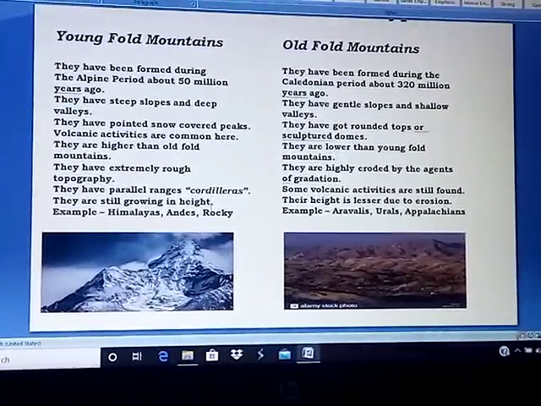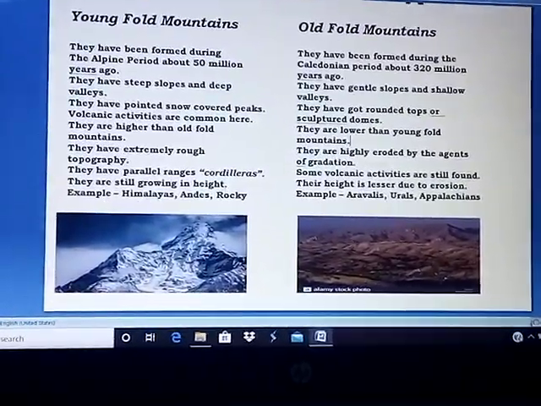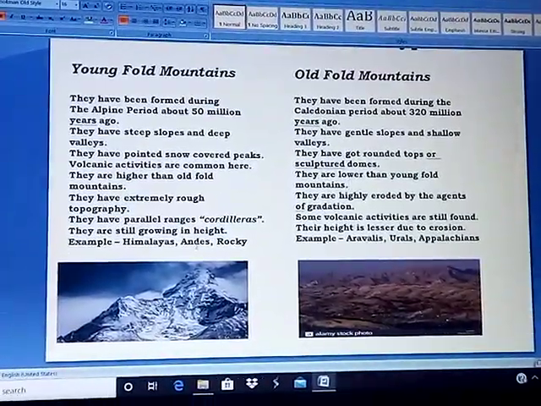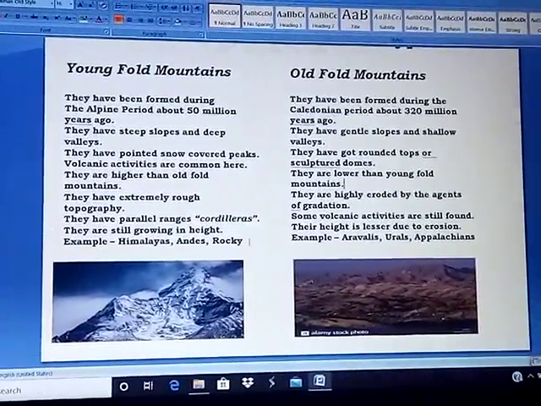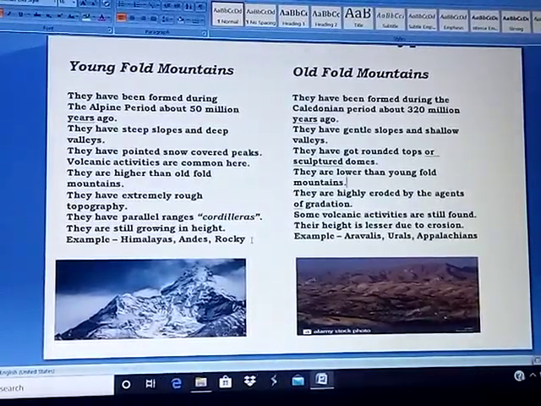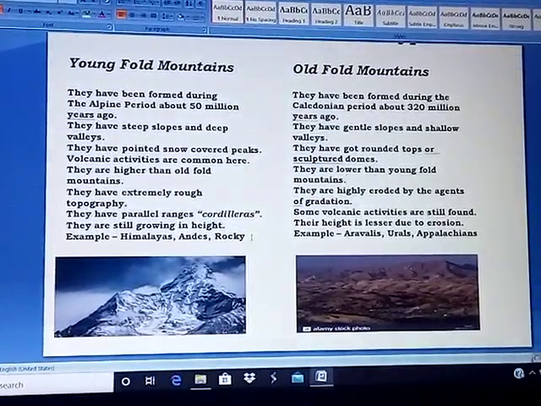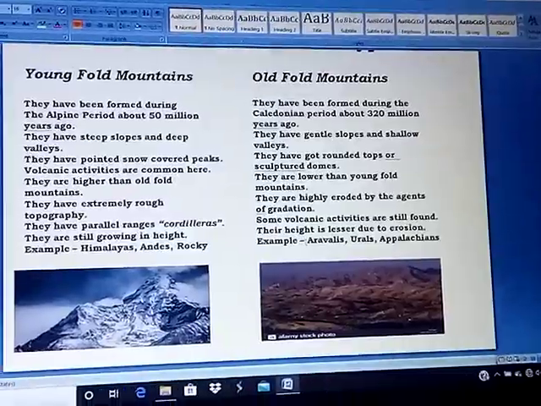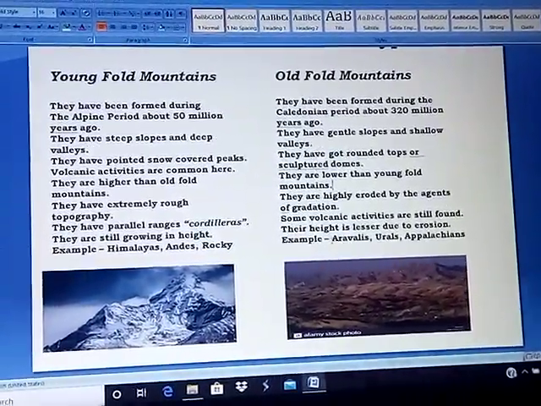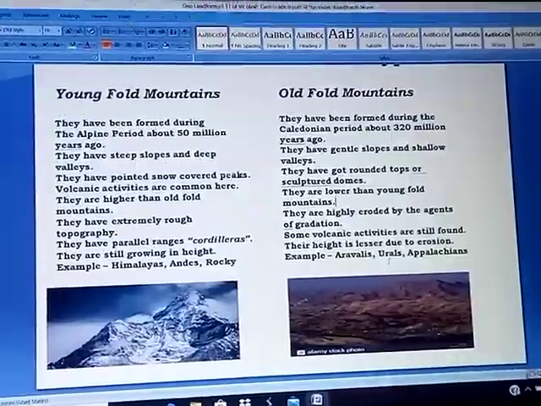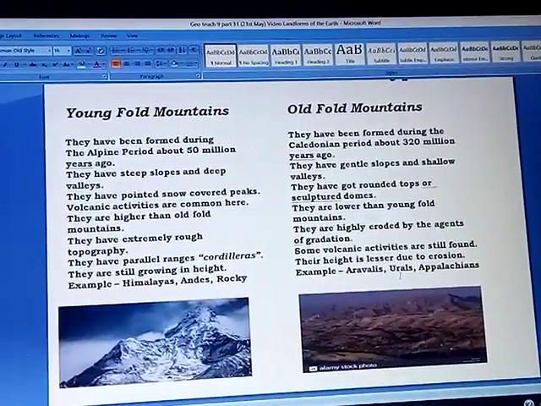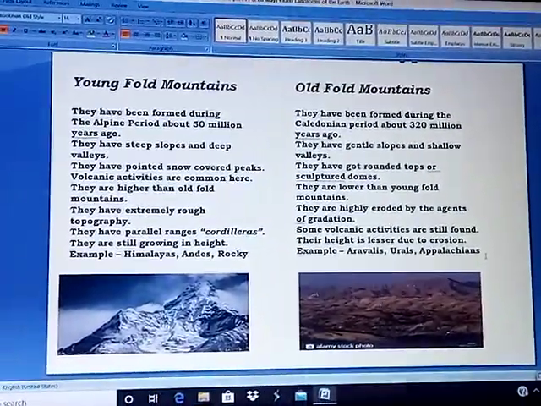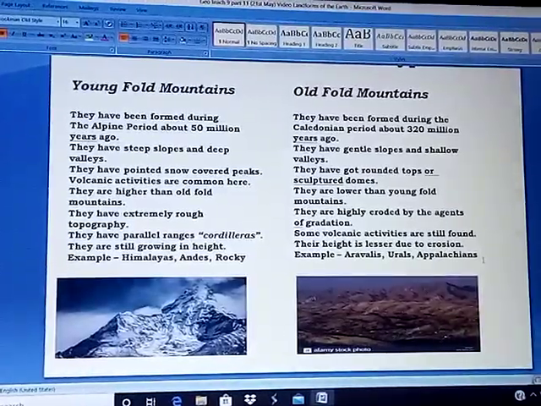Some special examples of young fold mountains are our Himalayas, the Andes of South America, the Rockies of North America, the Alps of Europe, etc. And examples of old fold mountains are the Aravalli of India, the Ural Mountains, the border between Europe and Asia, and the Appalachian Mountain ranges of North America.